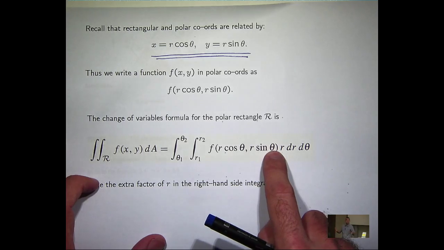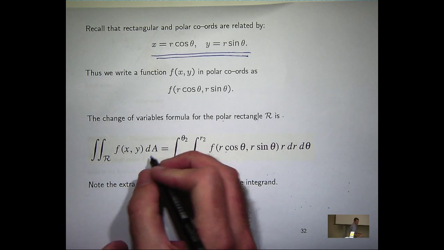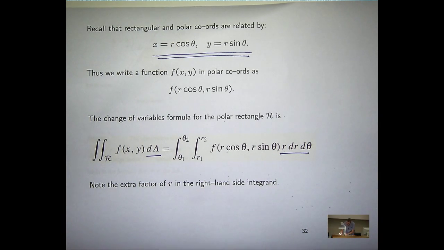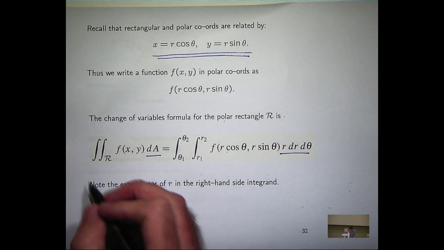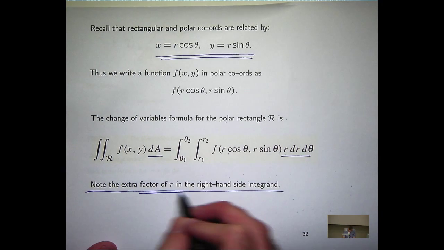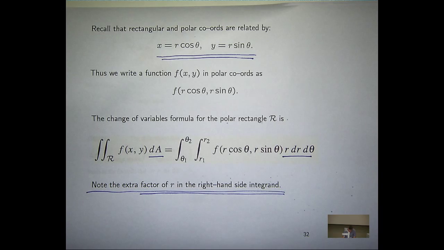As you can see, I've replaced x with r cosine theta, y with r sine theta, and here's the important part. I've replaced dA, known as the area element, with r dr d theta. This is very important: the extra factor of r in the integrand on the right-hand side. You're multiplying f by that little r.